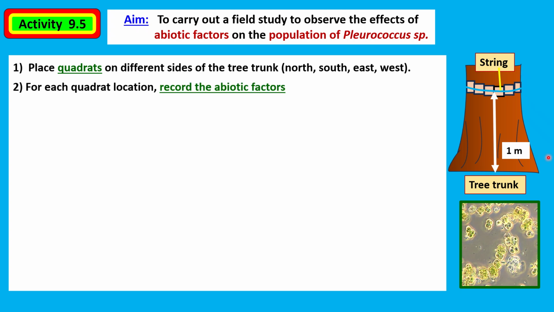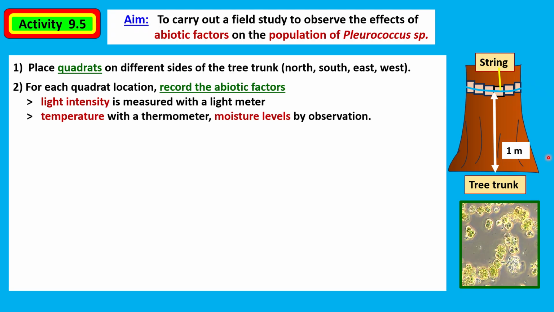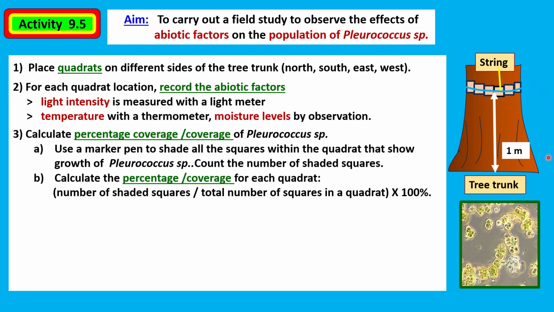Now, for each quadrat location, record the abiotic factors. For example, light intensity is measured with a light meter, temperature is measured with a thermometer, and moisture levels are observed. So number 3, after that, you calculate the percentage coverage or the coverage of Pleurococcus species for each quadrat.